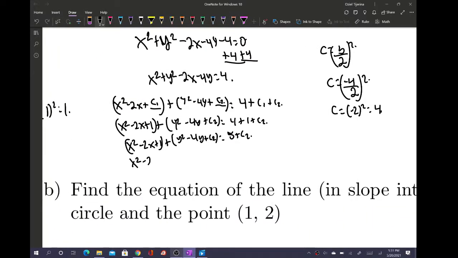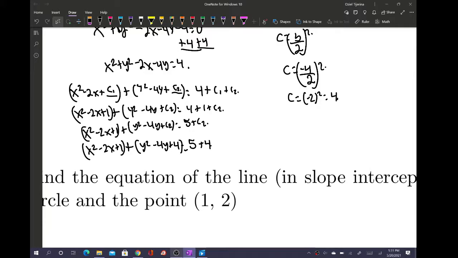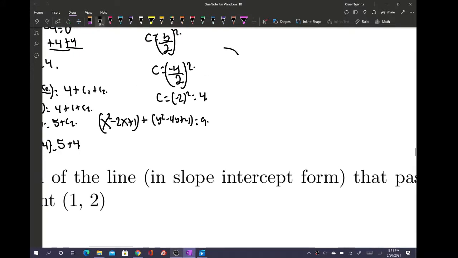So we have x squared minus 2x plus 1 plus y squared minus 4y plus 4 equals 5 plus 4, because we want to add whatever our c value is for the variable. This means we have equals 9.